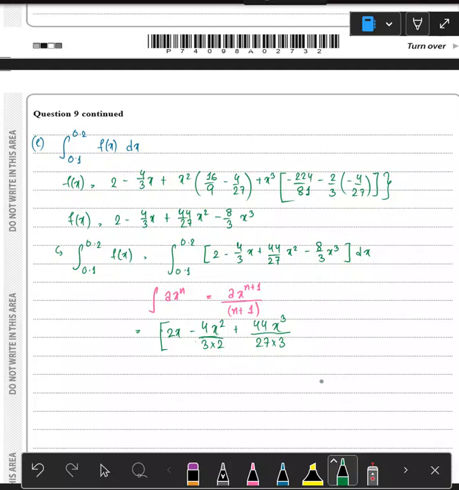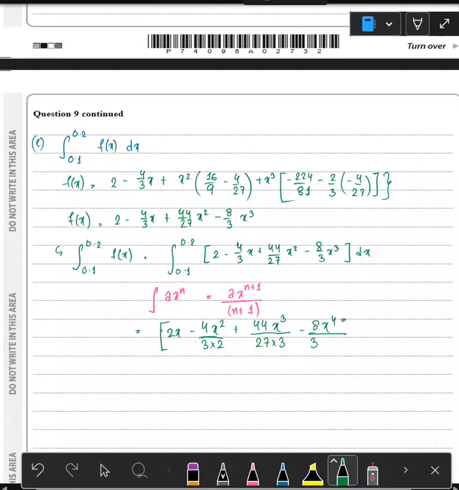And lastly we have negative 8 by 3 x cubed. So negative 8 by 3 x cubed, a is negative 8 by 3, and x we have here, so let me just write negative 8 by 3 x, and now the cube, the power 3 will increase to 3 plus 1, which is 4.